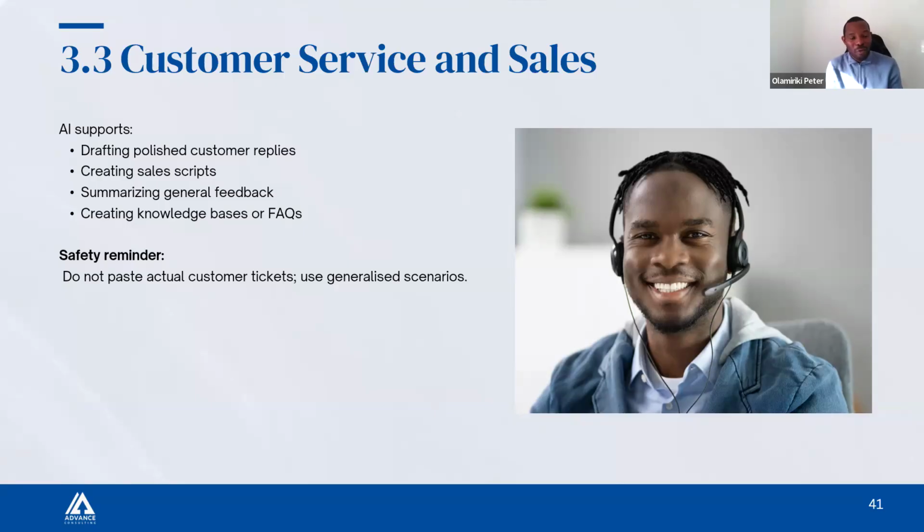You can enable your AI to draft customer replies and ensure there is a standard across your business. So you don't need to worry about any of your customer service agents being naughty or not being cooperative. Because when they send an email, you have an AI that will generate those replies to the best of your ability, the way you want. That's one important thing you can use AI to do.